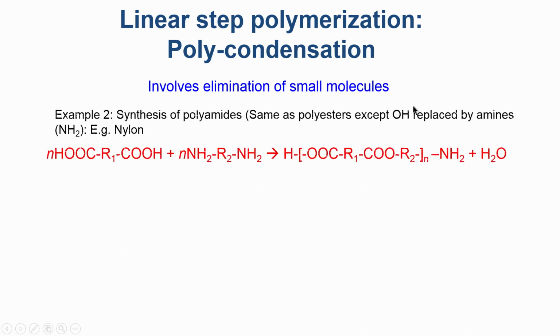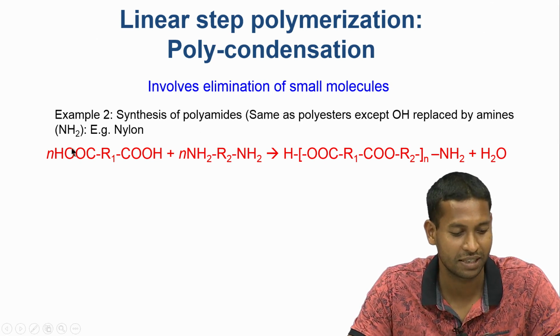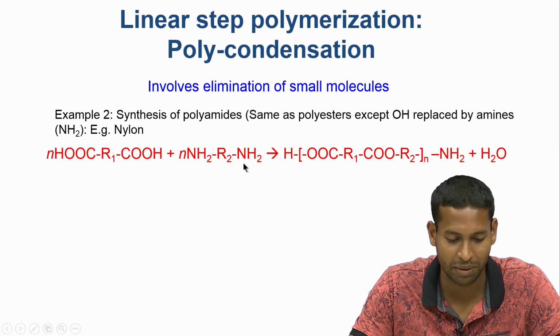Again, some more examples here. This time we are talking about synthesis of polyamides. Do you know where polyamides are seen in our body? Yes, if you are familiar with proteins, all proteins are essentially nothing but polyamides, and it is a reaction of a carboxyl group with an amine group.